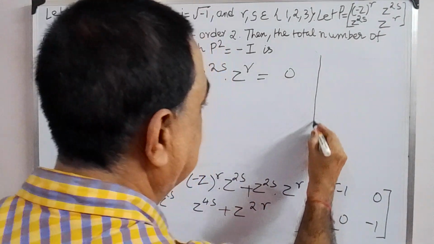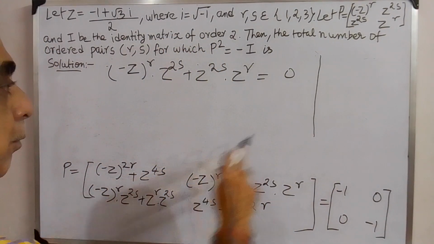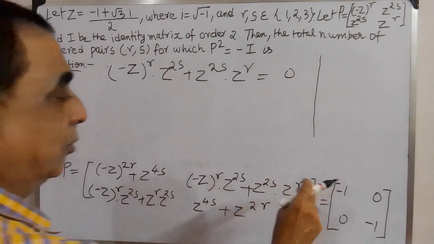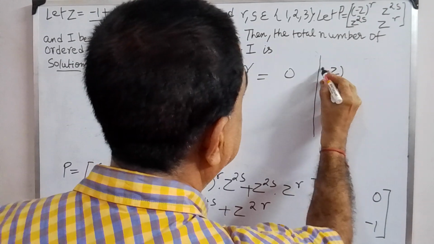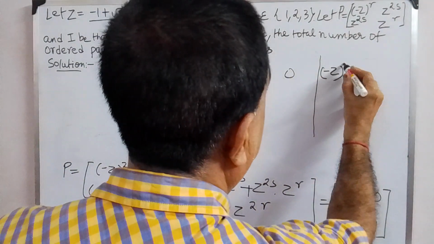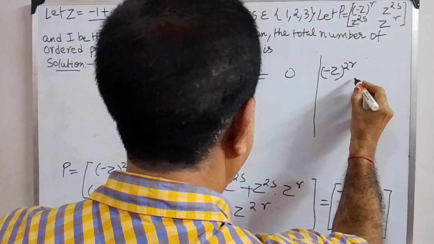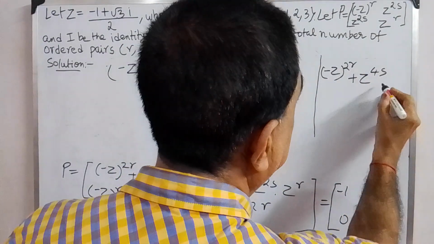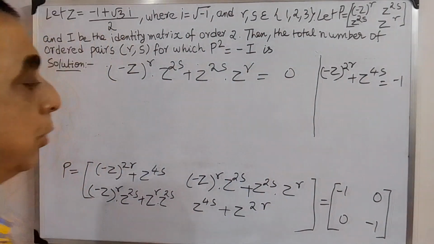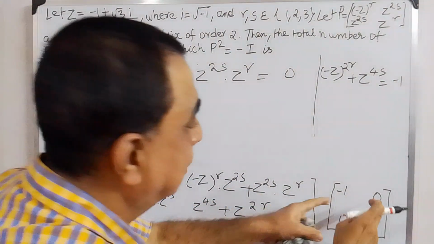I am writing this separately for remembering: minus z to the power 2r plus z to the power 4s equals minus 1. So first I have equated this with 0.